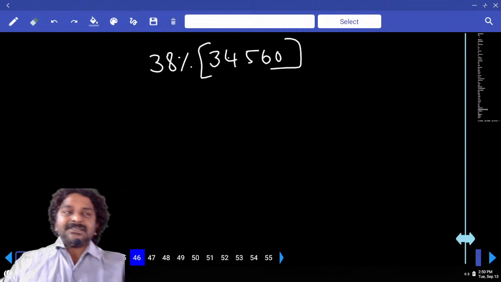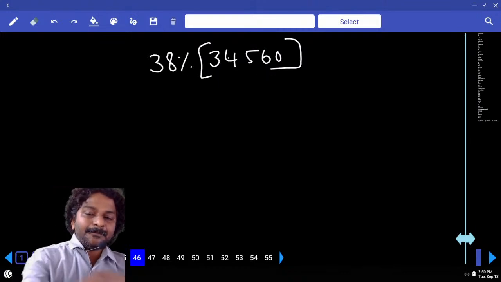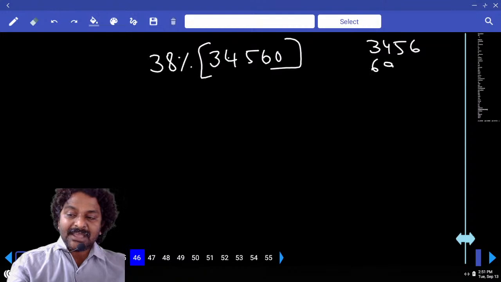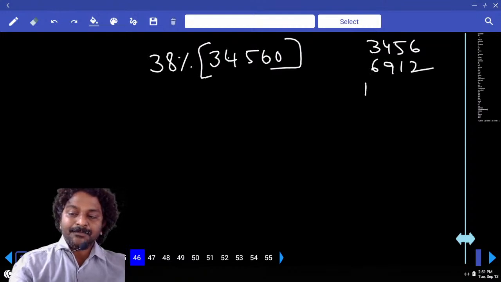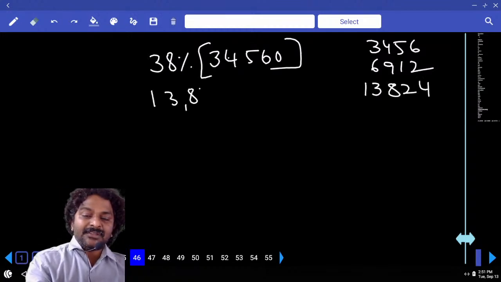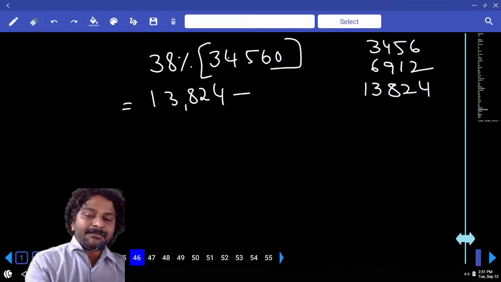Yeah, 38% is 40% minus 2%. 40%: 10%, double, 10%, 3, 4, 5, 6. Double, 6, 9, 1, 2. Again double, 13,824. So 13,824 is 40%. But we have to take only 38, so subtract 2%.